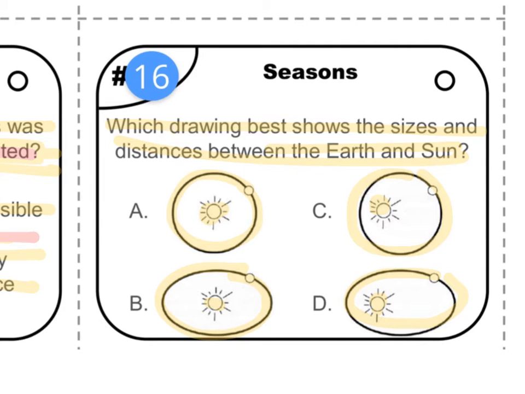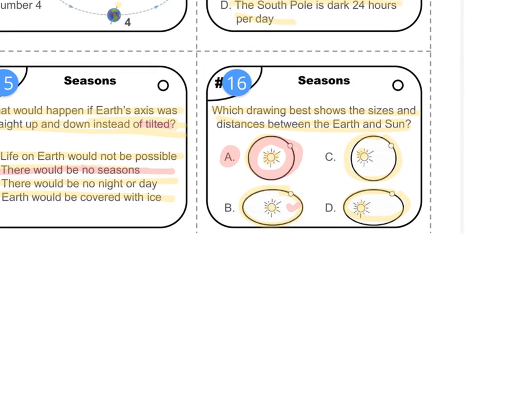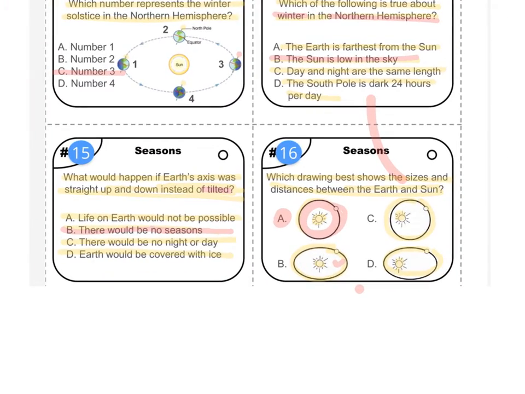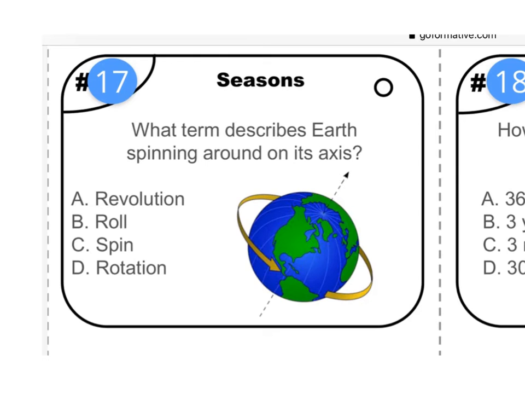Which one is the best description according to this? A. It's pretty equal around. There's a slight ellipse, but not that much. I was thinking it was this one, but it's this one, according to these cards. All right, we are almost done.